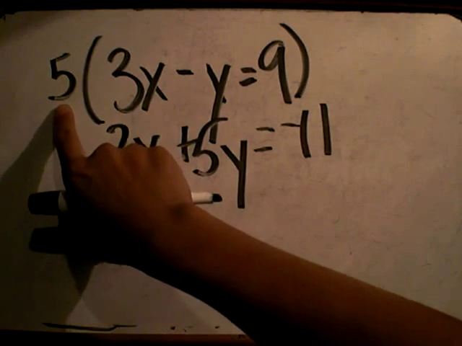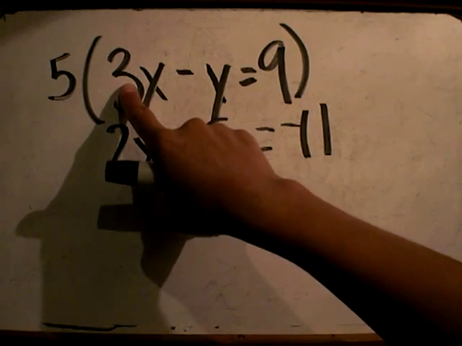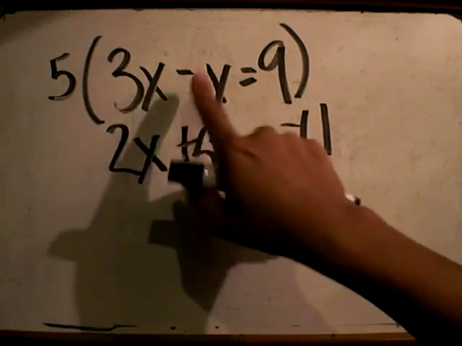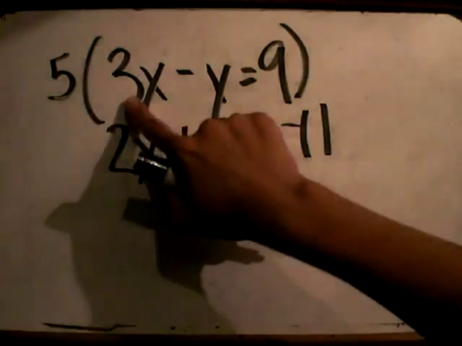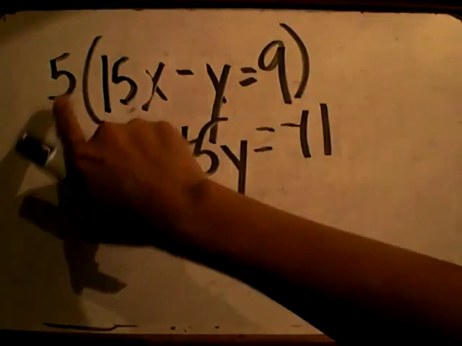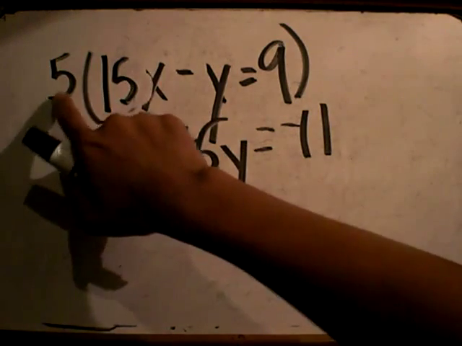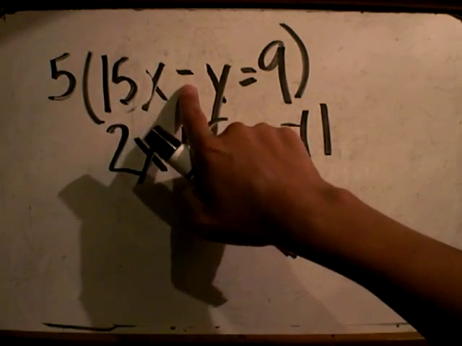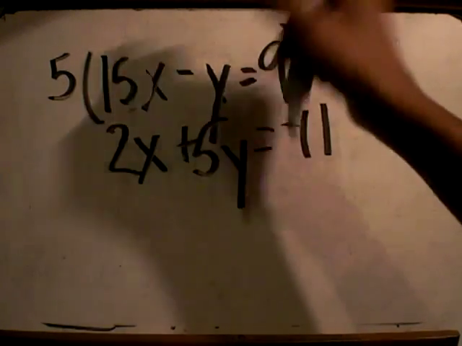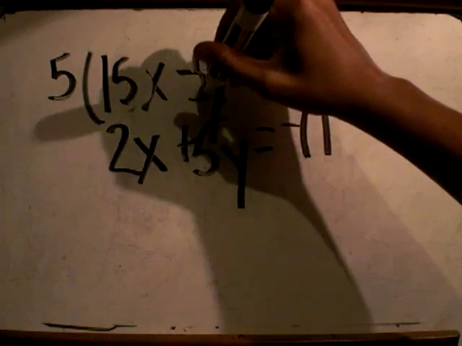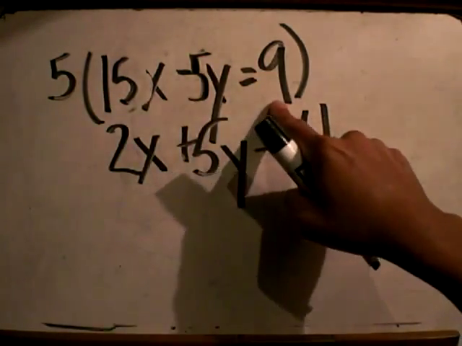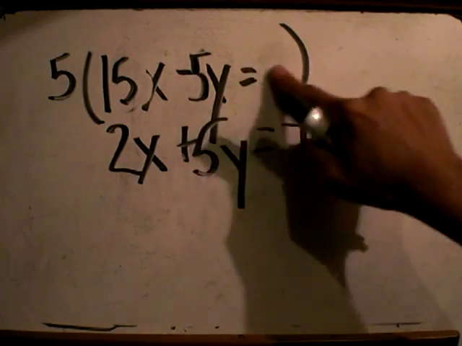So 5 times 3 equals +15. Then 5 times the -1 becomes -5y. And then 5 times 9 equals 45.